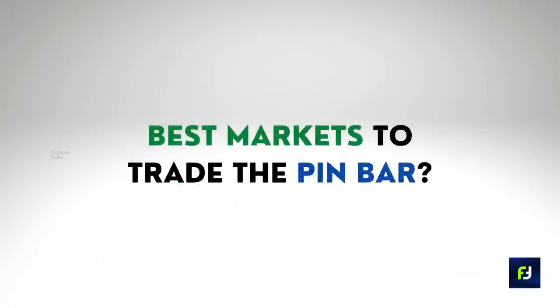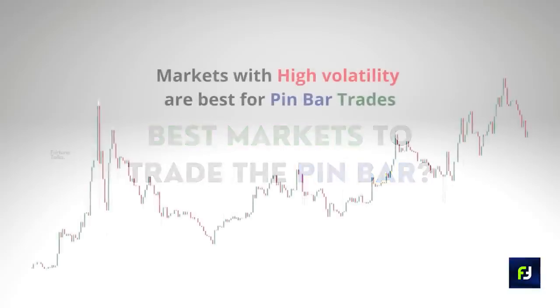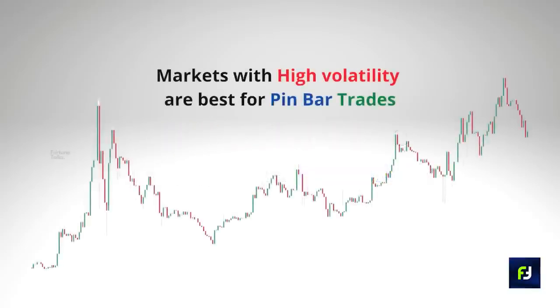Moving on, let us find out which are the best markets to trade the pin bar. Now, the best markets to trade the pin bar strategy are markets where the price has a solid amount of volatility, or the markets with a high volatility. The more the price movement and volatility, the more opportunities you will have to trade the pin bar, and also the bigger potential for large winning trades.